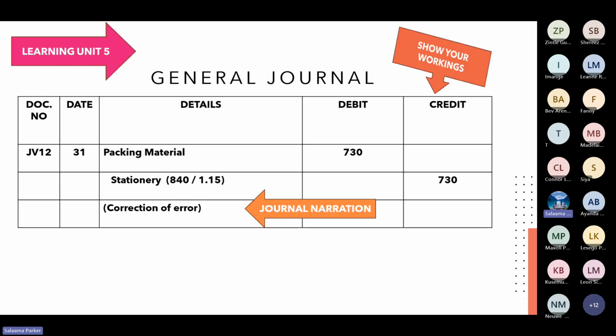So this is what we did. We credit stationery to cancel the incorrect entry, and then we debit the correct account. So debit packing materials, credit stationery, and the question mark means I need to calculate the exclusive VAT amount, and that is the amount that I'm now going to record in the general journal. So please remember, exclusive VAT.